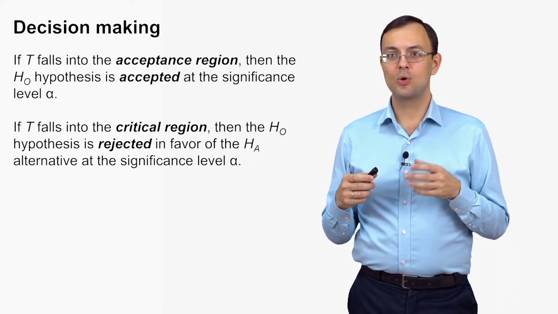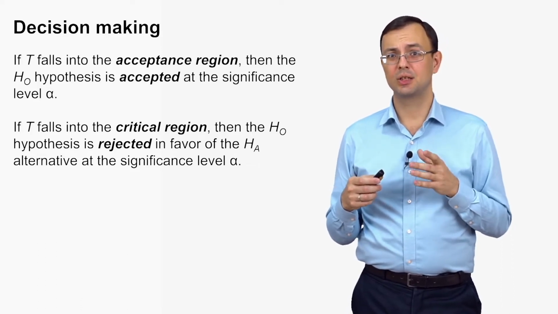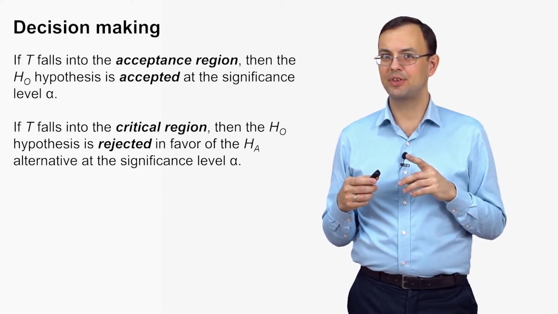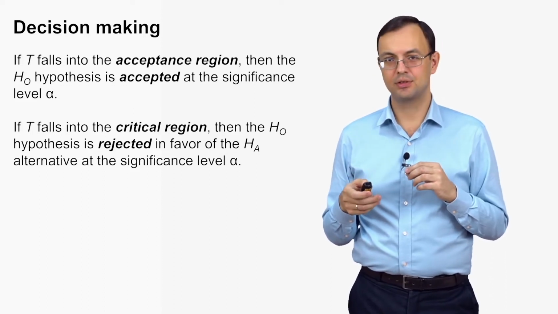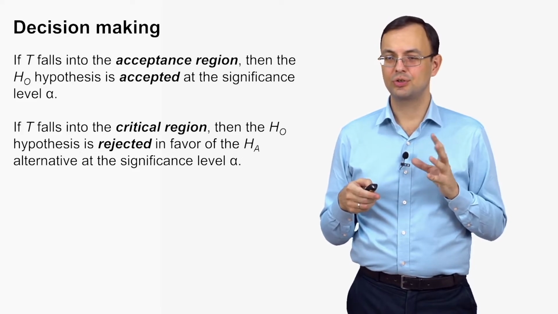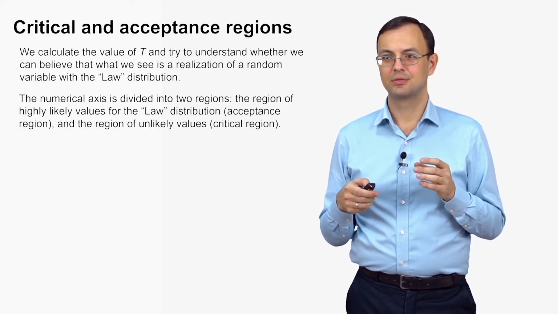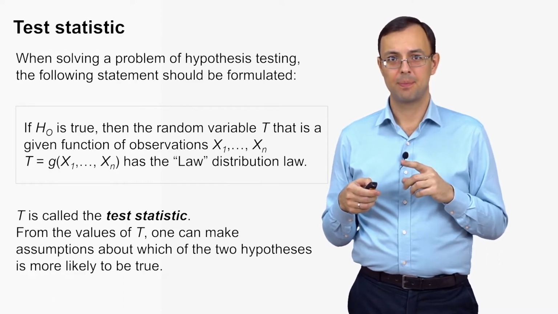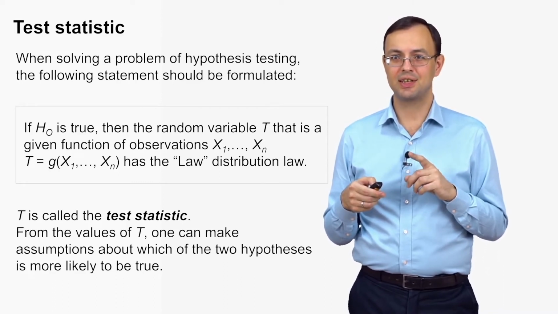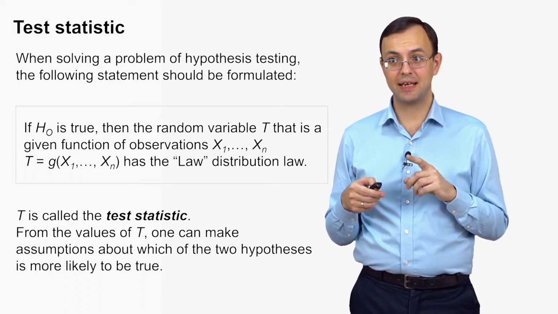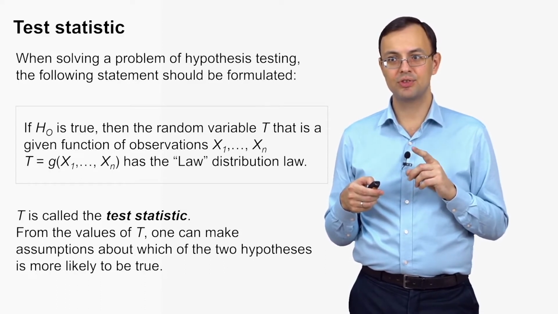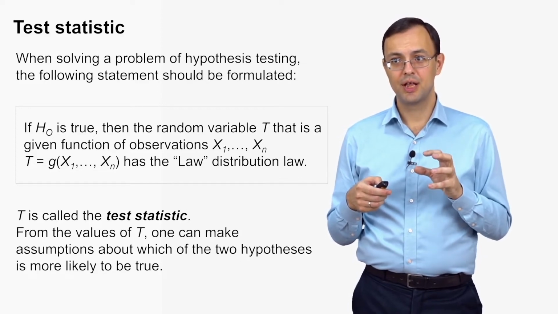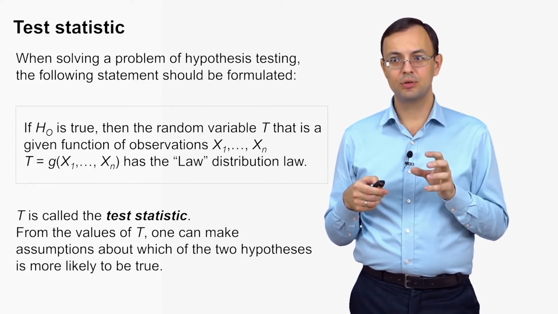One may say that what you are saying now is something strange, as you have just shown us this proposition. And this proposition states that if H0 is true, then T follows the law distribution. So if H0 is true, then T follows the law distribution.